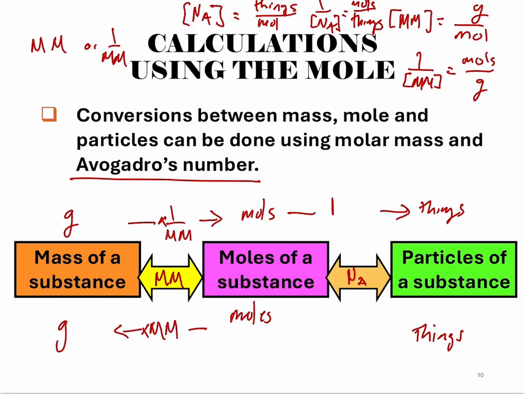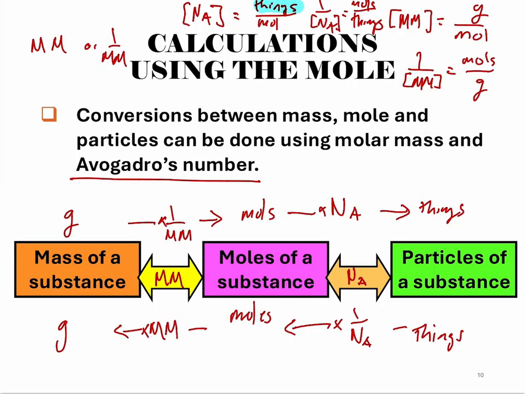Multiply, because we want things in the numerator, which is when we multiply just by Avogadro's number. And what about when we go in the other direction? You divide. 1 over NA.